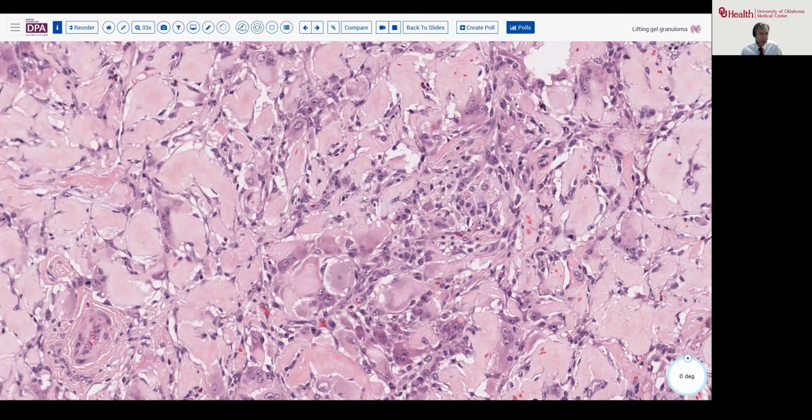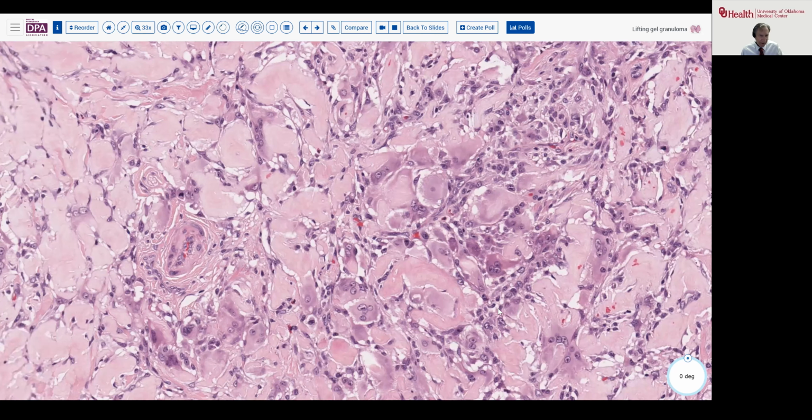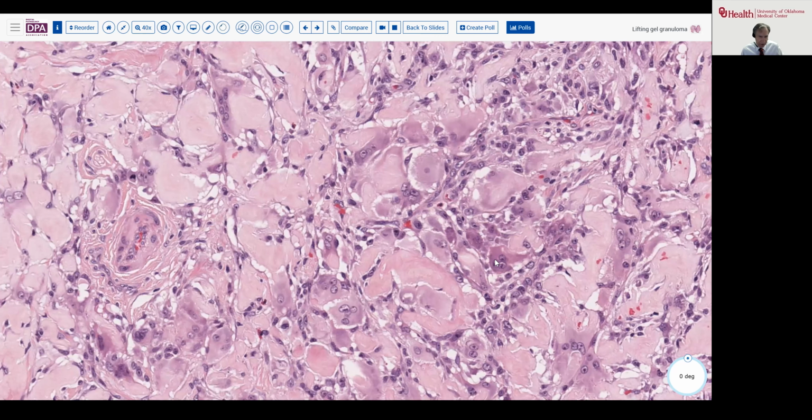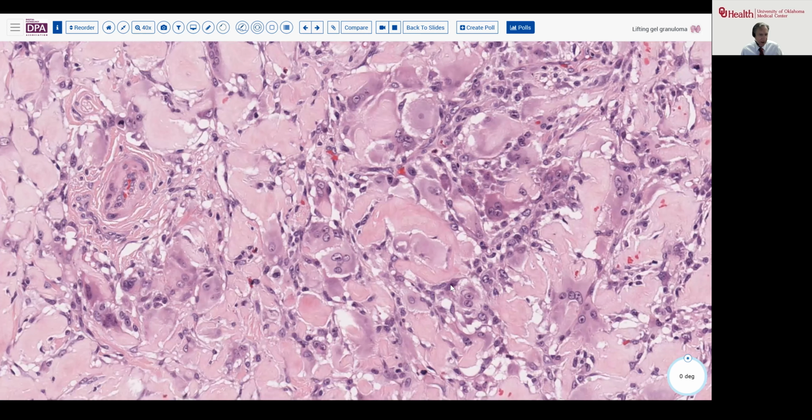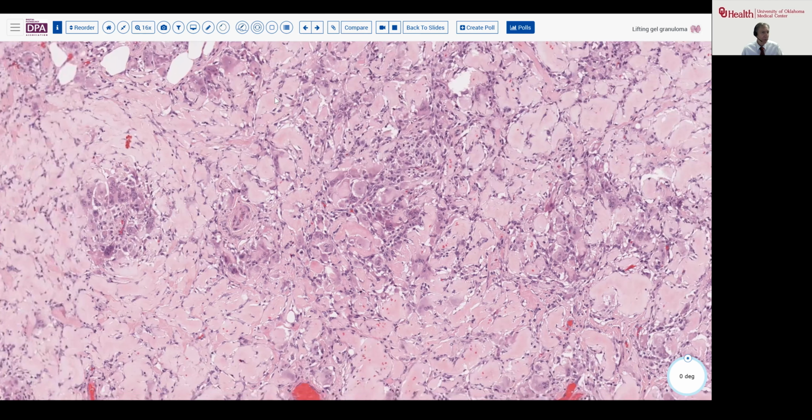Here you see some more of these. And they're sort of intermixed and associated with this stroma of variable cellularity. And as you can see, there's some degree of cytologic atypia, but this looks nothing like a GI stromal tumor, which unfortunately we did not review prior to receiving this specimen.